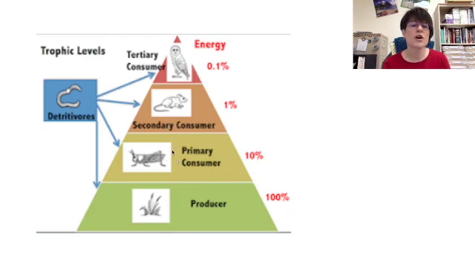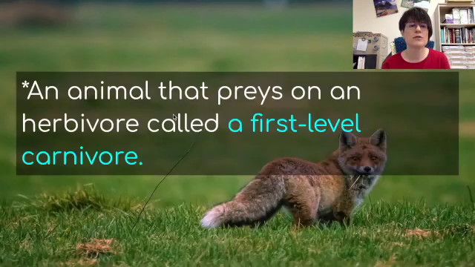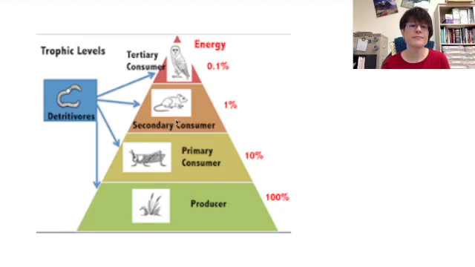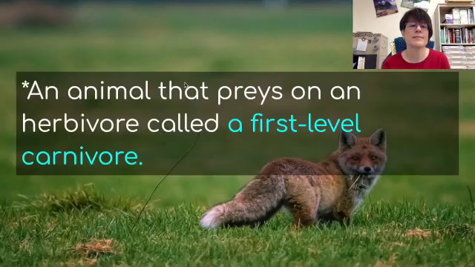We could also call the grasshopper an herbivore. We could call the mouse and the owl carnivores, and the mouse would be a first level carnivore, and the owl a second level carnivore. So an animal that preys on an herbivore is called a first level carnivore.